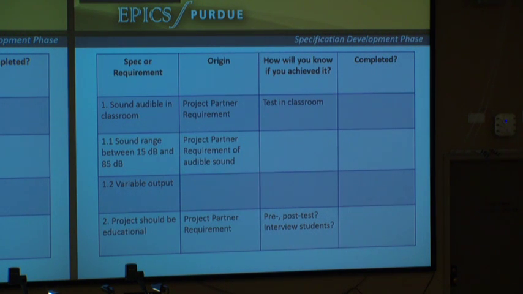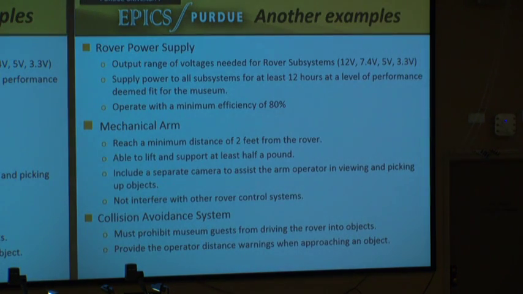If you say your project needs to be educational, perhaps you would do a pre and post test to see whether or not students learned as a result of that. So you can start to be thinking about the broader things that are needed of your project as you fill out this specification.